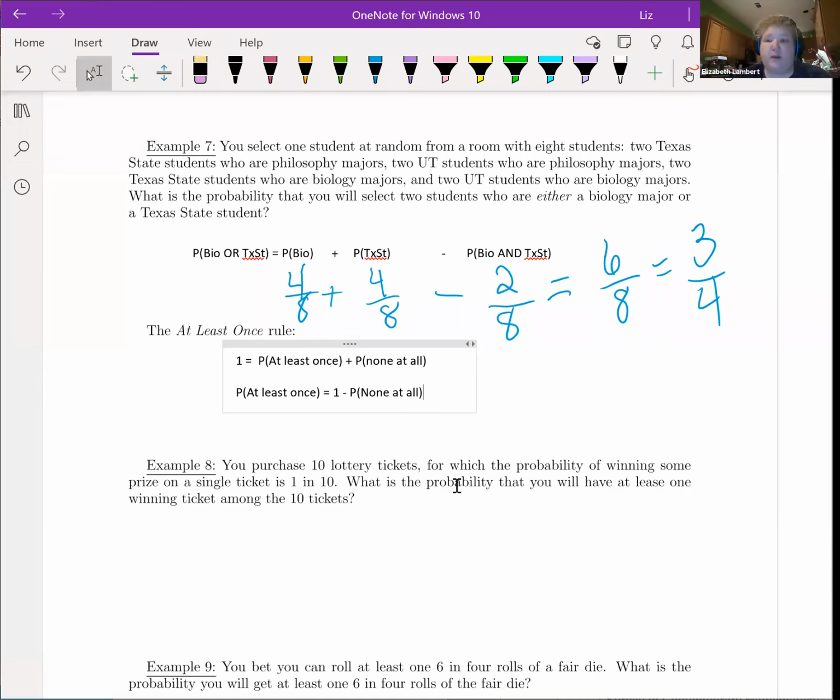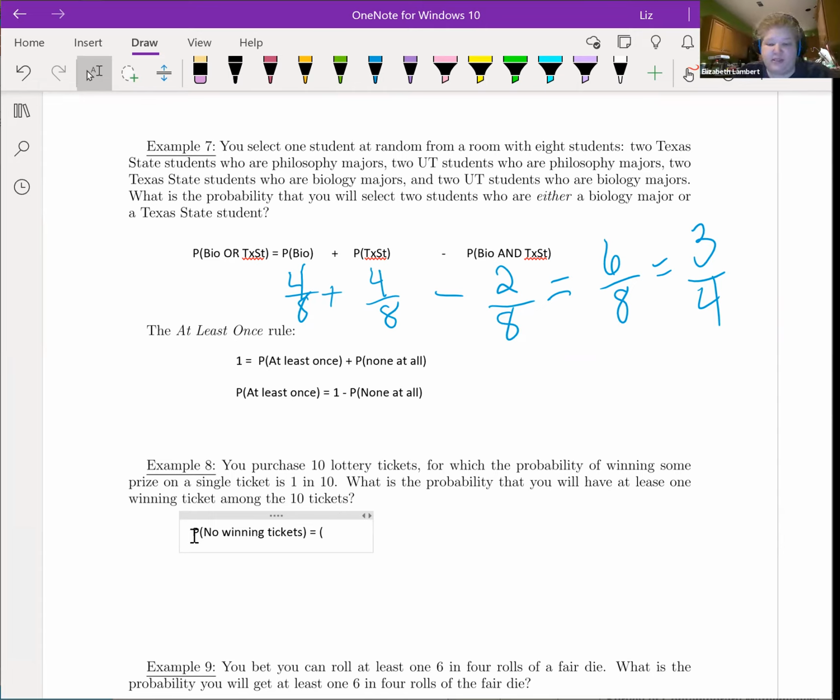Or I can figure out the probability that none of them are winners, and then subtract that from 1. So the probability of no winning tickets. If there's a 1 out of 10 chance that it's going to win money, there's a 9 out of 10 chance that it's going to lose.